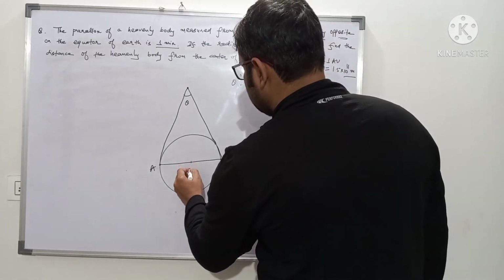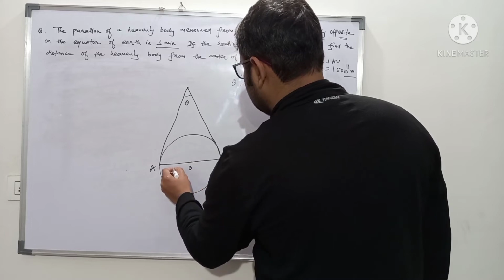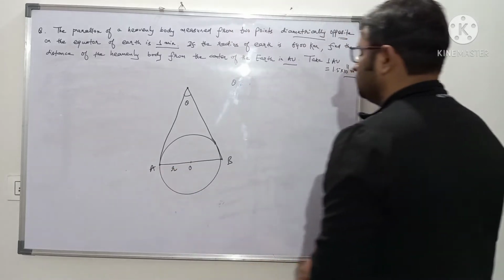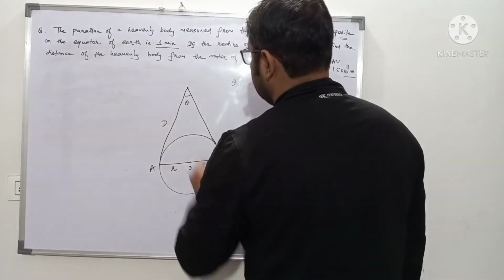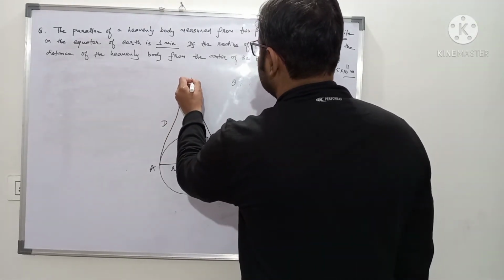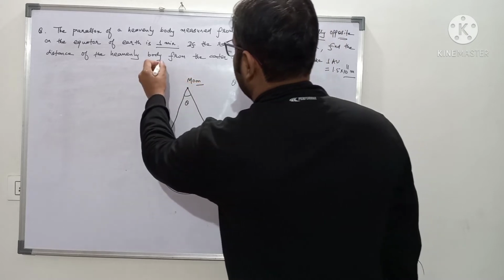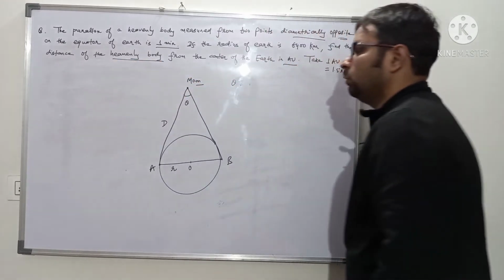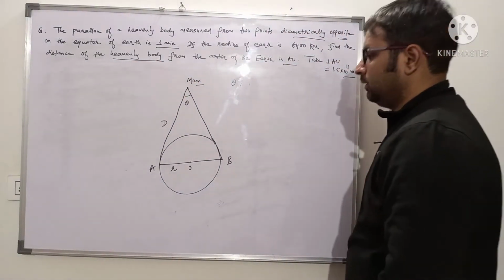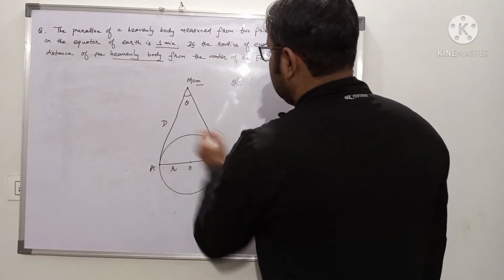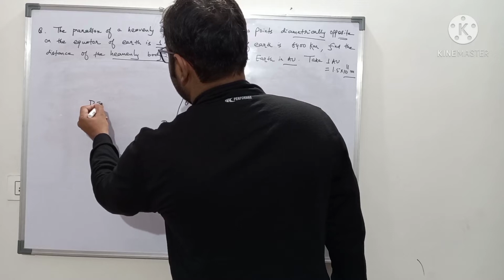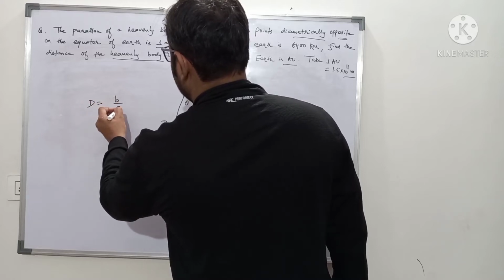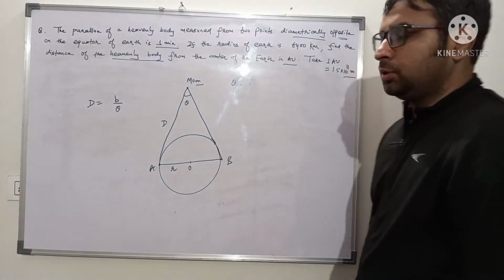Let us assume this is the center of Earth and R is the radius of Earth. And this distance D is from the moon, or any heavenly body, which we can assume to be any planet or any satellite. So this D, as we understood from the theory, D equals b by theta.